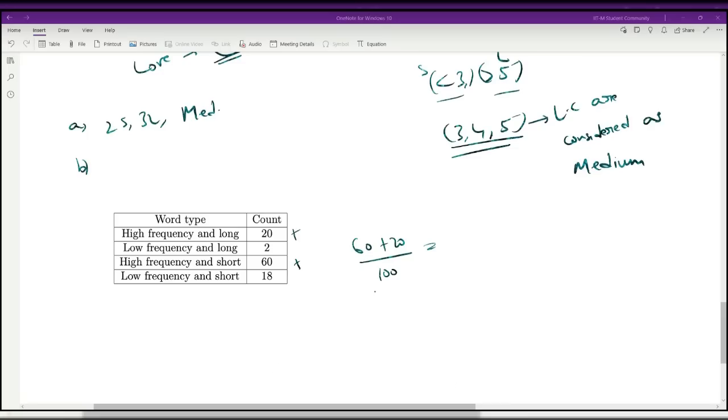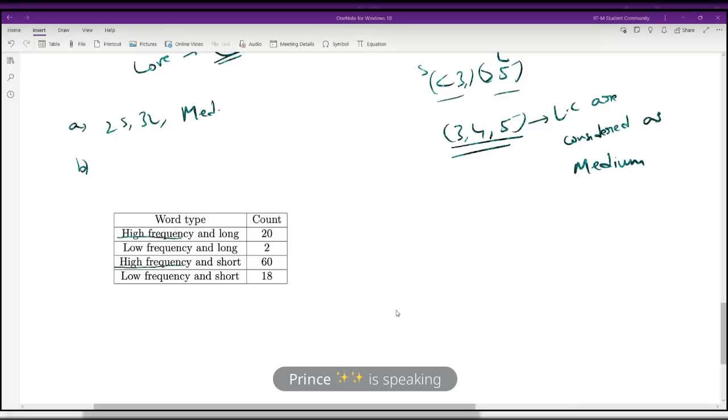So this is where you need to put the stress. You need to concentrate on the question itself. They have only asked you to find what percentage of high frequency words. Is that clear to you? They have only asked you to find in the category of high frequency. Okay, sir, I got it, sir. So 60 by 60 plus 20, right? 60 by 80. Yeah, that is 0.75. Am I clear?